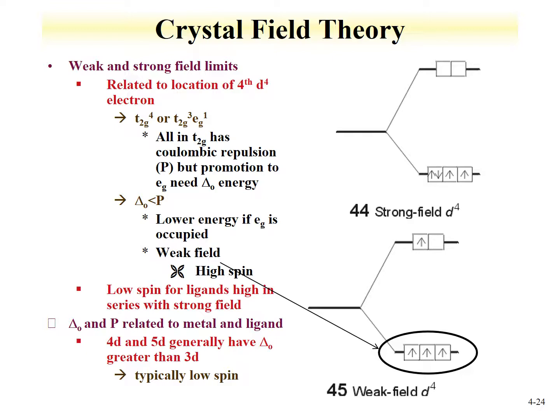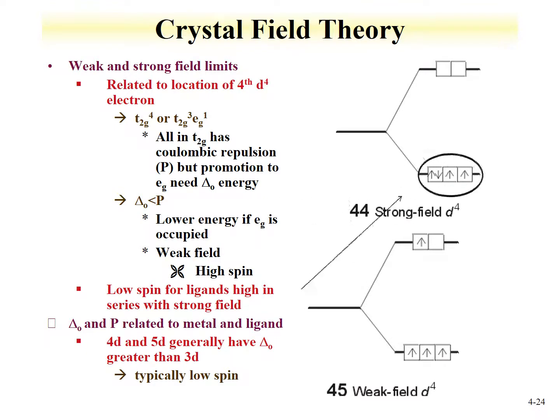So the weak field is also called a high spin system. And why is it called high spin? Well, all these spins add up. They're all in the same direction, all parallel. So I have a higher spin on this complex. If it's a strong field, all that means is that the energy gap between the T2g and the Eg is large enough, so I can't promote this unpaired electron to the Eg.